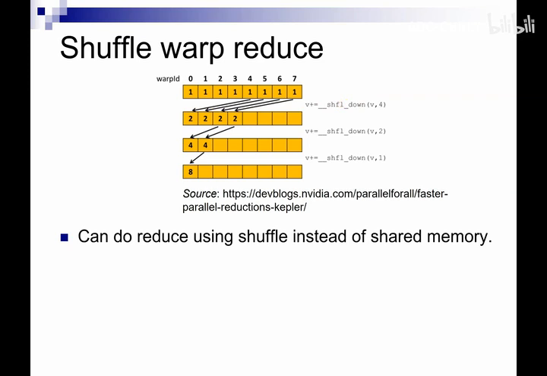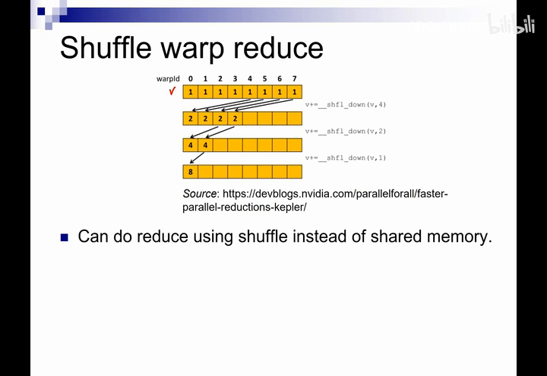So the shuffle down is going to have threads 4, 5, 6, 7 move their value v down by 4 lanes. Then threads 0, 1, 2, 3 take their current value of v and add it to this new value that they receive. So the first 4 threads are going to end up with values of 2.